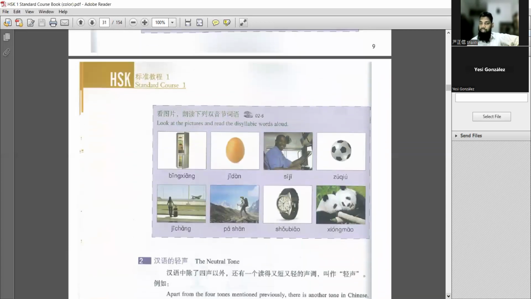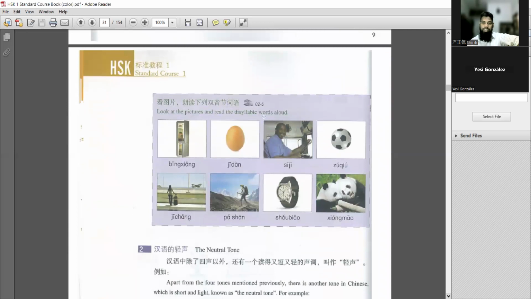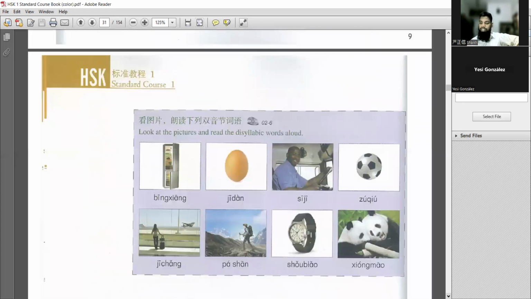And these are some of the disyllabic words. Look at the pictures and read the disyllabic words. I'm going to read them for you, and then I will play the audio, and then I will finish the class.